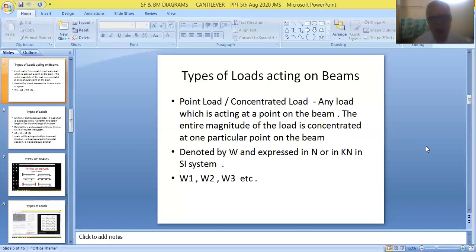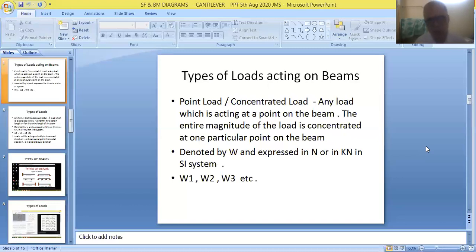So therefore, they are also called point loads. Now, these point loads are denoted by capital W. So capital W is the letter that has to be used for indicating point loads, either on cantilevers or in simply supported beams. In all these cases, capital W must only be used for indicating the magnitudes of point loads, and they are expressed in terms of newtons or kilonewtons.